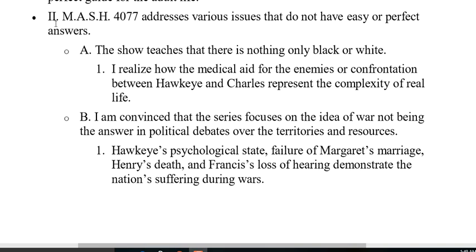And then second B, the section of the second main section. Unconvinced, the series focuses on the idea of war not being the answer in political debates over territories and resources. Fine.